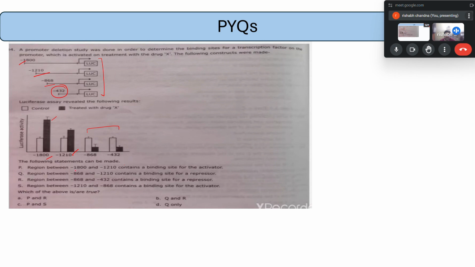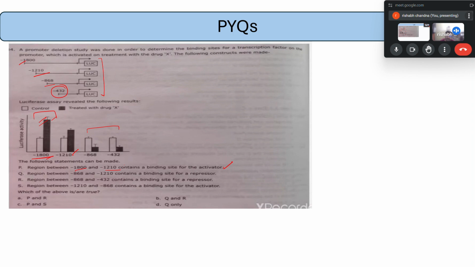Region between minus 1800 and minus 1210 contains the binding site for the activator. Yes, this can be seen because the minus 1800 construct shows the maximum activity of luciferase when drug X was added. So this can be the site for the activator that increases the transcription rate by binding to drug X.